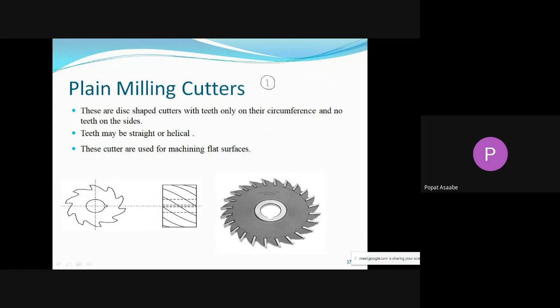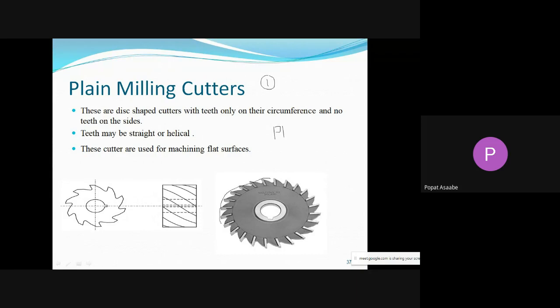See, this is the milling cutter, and what is meant by that milling cutter? It is a disc, and on the periphery of that disc there are a number of teeth. You have to remember that on the plain milling cutter, the teeth are provided on its periphery.